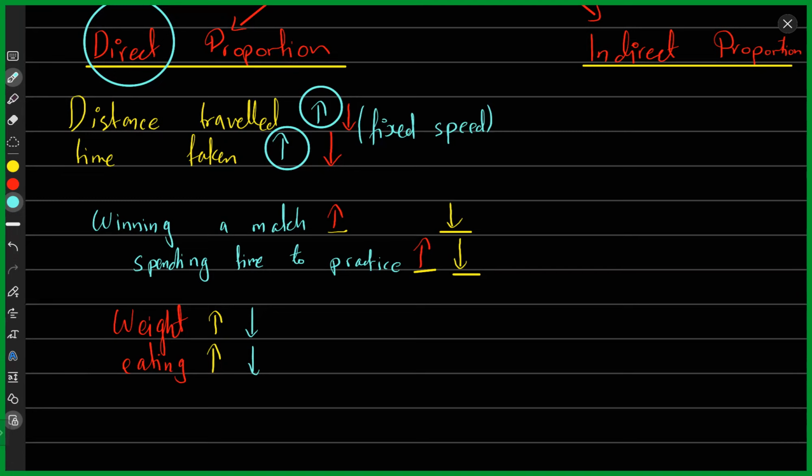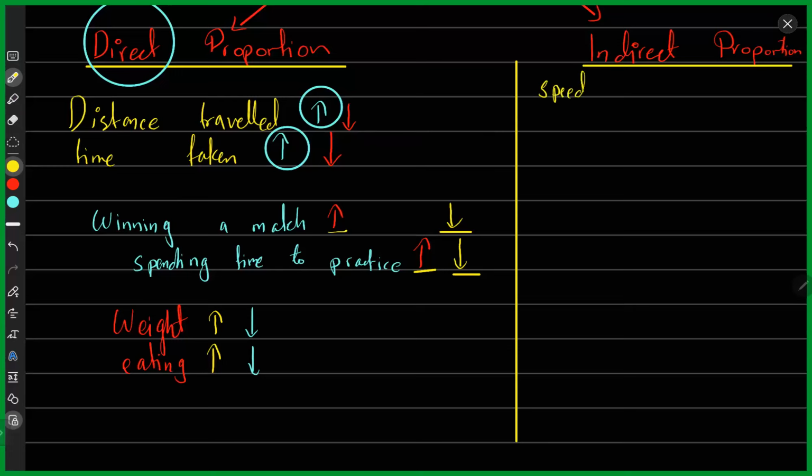Now let's talk about indirect proportion. Speed and time taken, given that the distance which I need to travel is fixed.